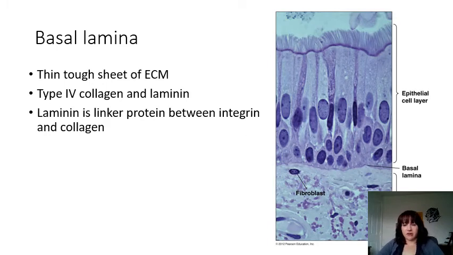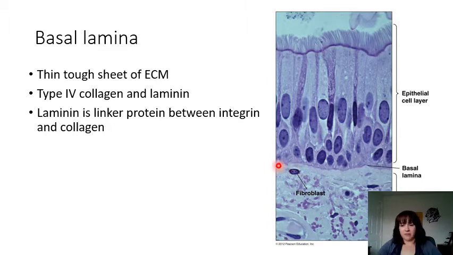In this picture, we have a closer example of an epithelial tissue. We can see that on the apical side, there is a lumen. Here there are some cilia coming out of these cells. And here we have the nuclei of the individual cells. You can see they're pretty elongated.